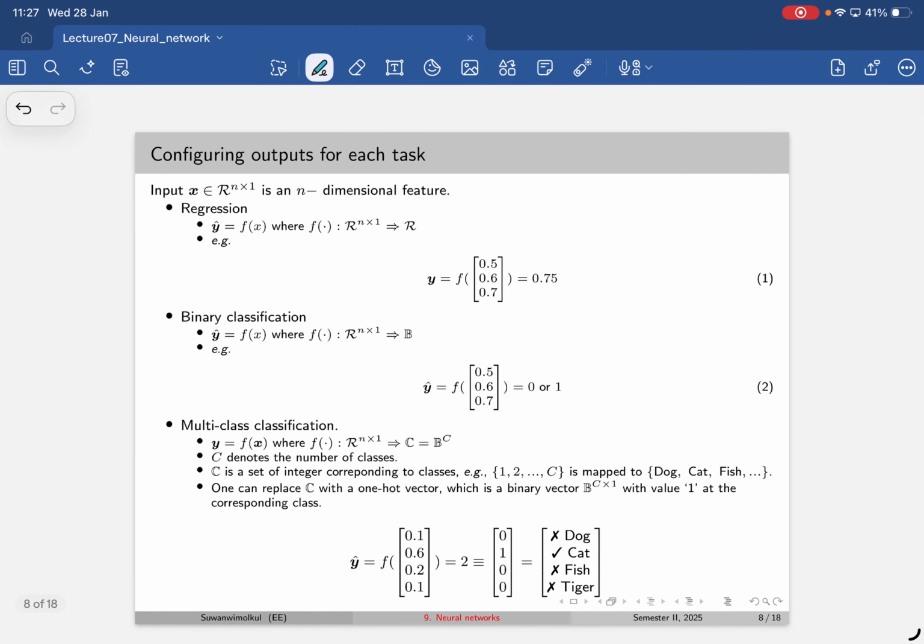Okay, so let's recap a little bit about the kind of output that we would get for each different task.